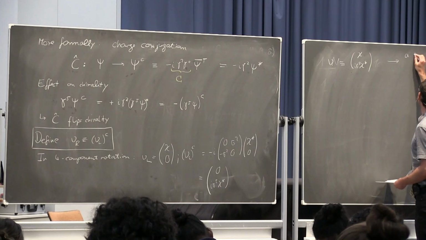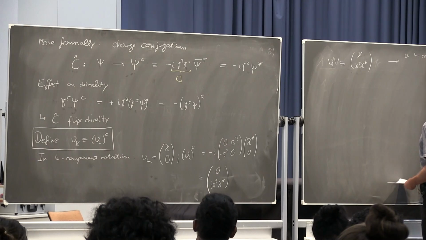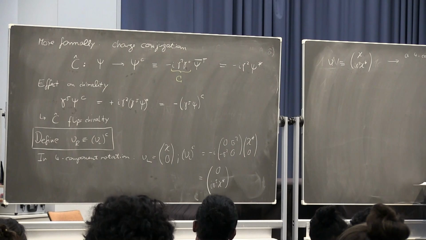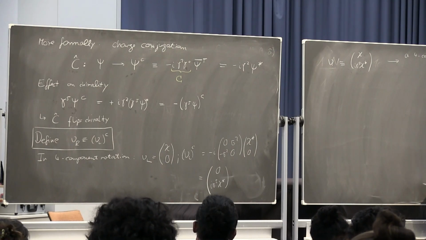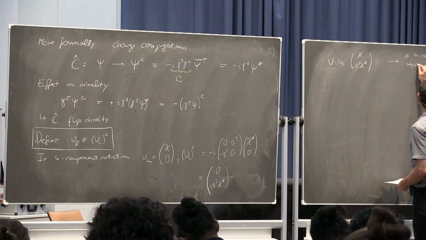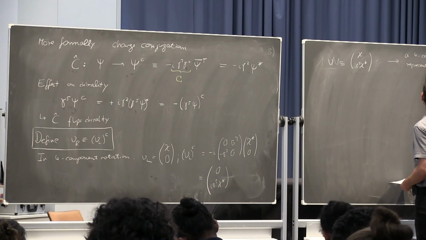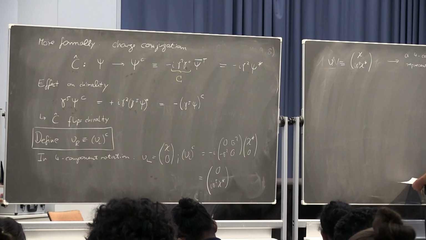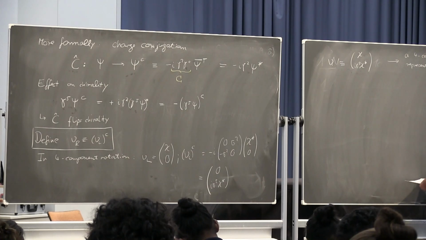So this is a four-component spinor field representing 2 degrees of freedom.